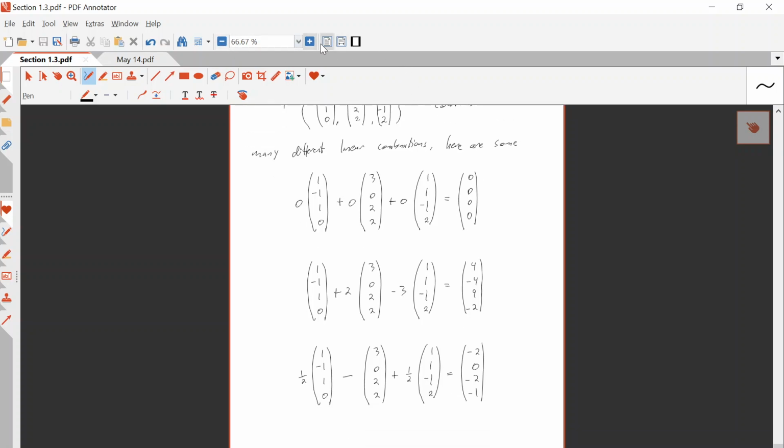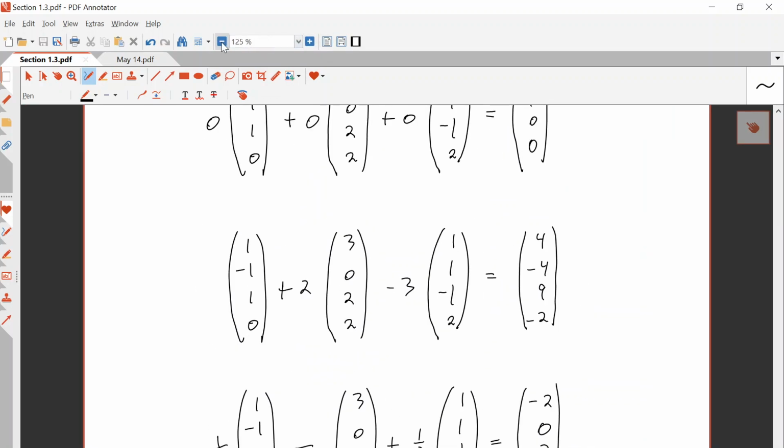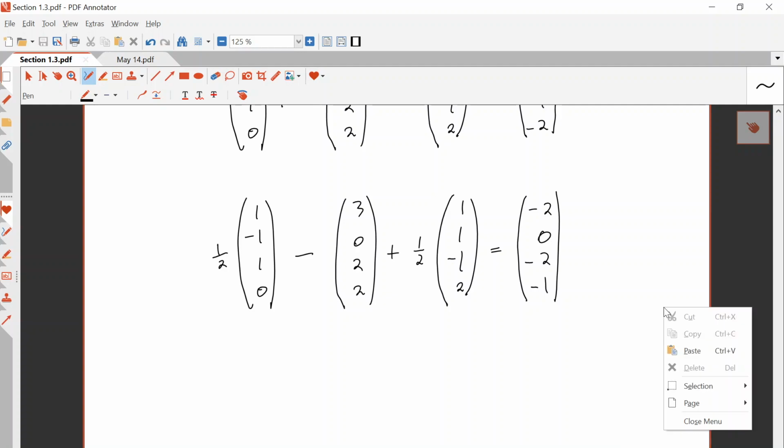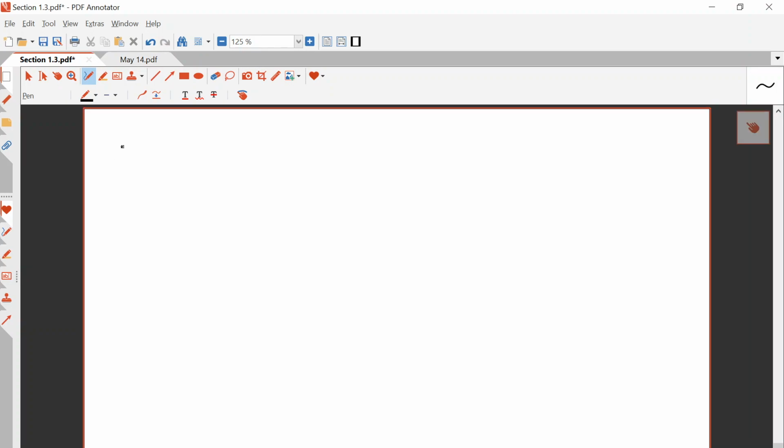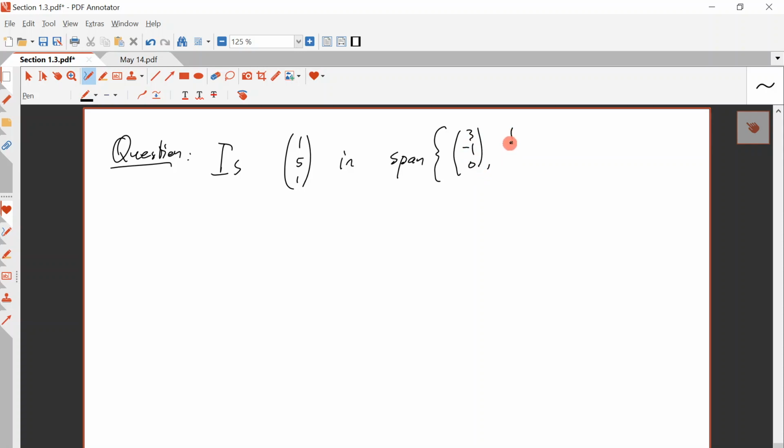So now let me ask you a question. Is vector 1, 5, 1 in the span of vectors 3, minus 1, 0; 1, 2, 1; and 1, 0, 1?